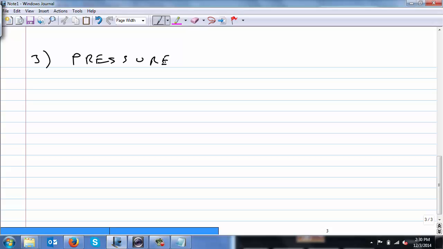I think I've mentioned this a time or two, but is pressure an intensive or an extensive variable? Pressure is intensive. Pressure is similar to temperature. It's similar to density.